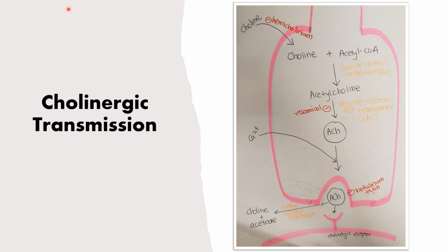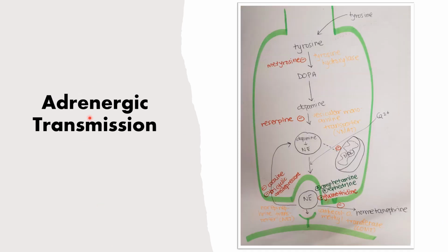So let's now discuss the transmission of noradrenaline from the axon terminal to its receptor. Noradrenaline, also called norepinephrine, and epinephrine are the main transmitters at sympathetic postganglionic neurons, with the exception of sweat glands, which release acetylcholine. The first step includes the transport of tyrosine into the axon terminal.